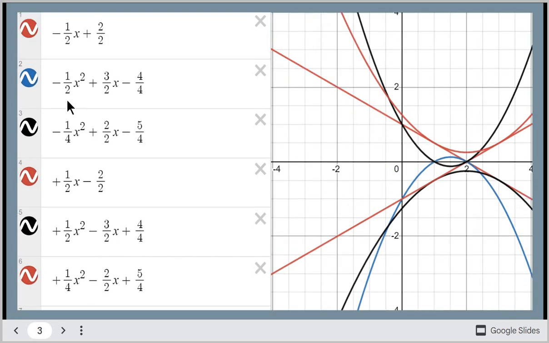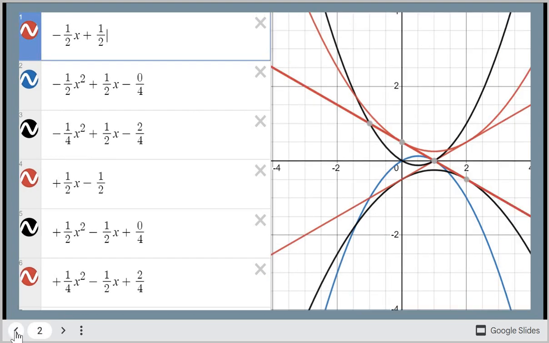That is, minus 1/2 x squared plus n divided by 2x minus, in this case, c, representing this quadratic.